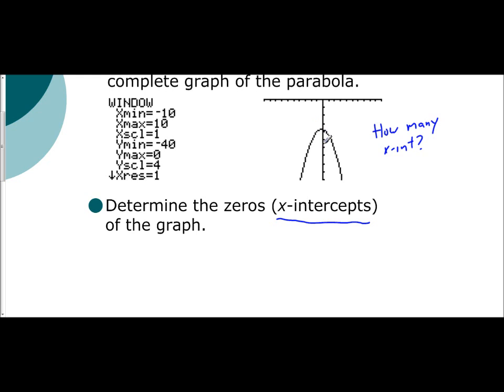How many times does this graph intersect the x-axis? There are none. What we would say here is no real solution. You have to use the word real, and we're going to explain further on into the chapter why. So no zeros, no x-intercepts, so there are no real solutions.